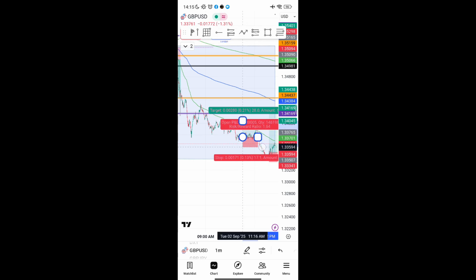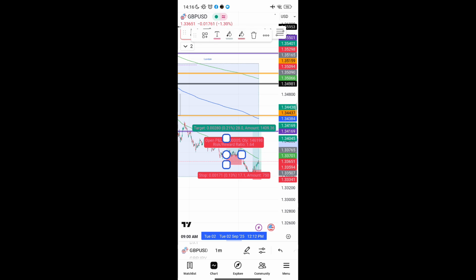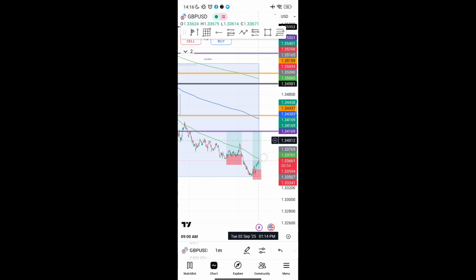I wanted to snipe it and take it to this level, but the market went halfway, almost to this level, and took me out.